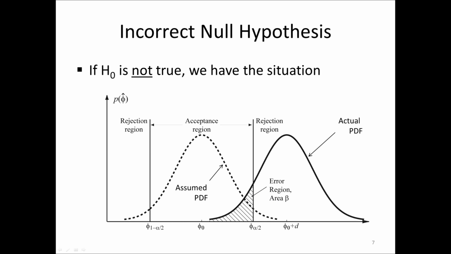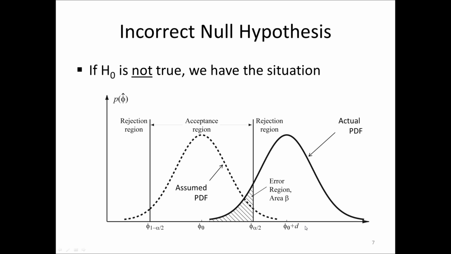If we have an incorrect null hypothesis, that is, if H sub naught is not true, then we have the situation depicted here. First, we have the same acceptance and rejection regions, of course. But the difference is that our variable phi does not belong to the distribution centered at phi sub naught, but rather is distributed with some other distribution, centered here at phi sub naught plus d.